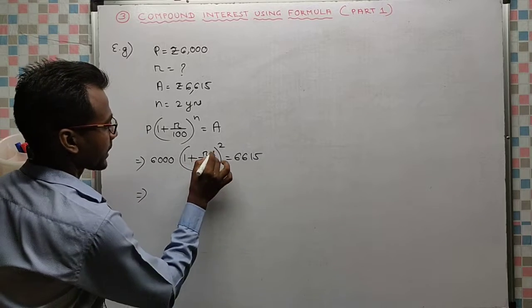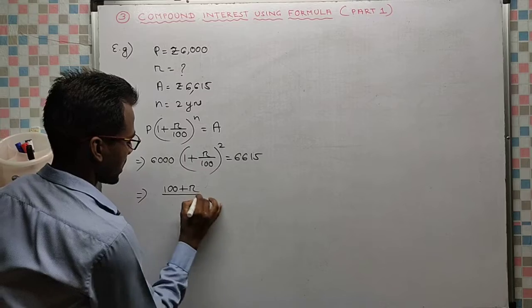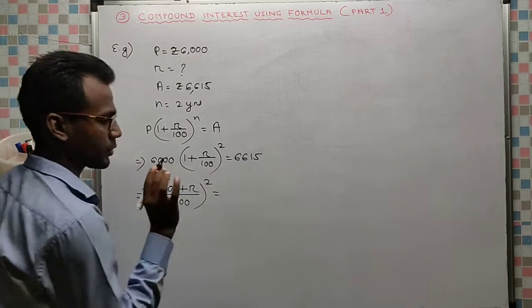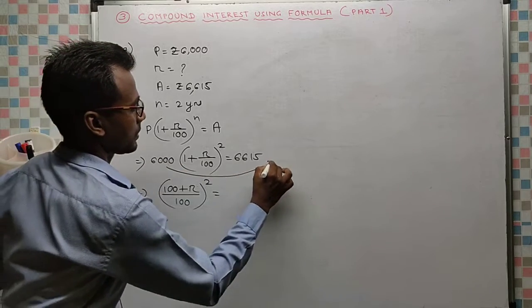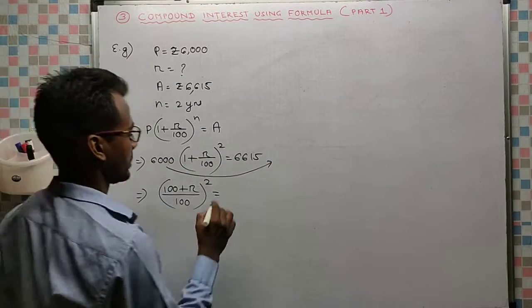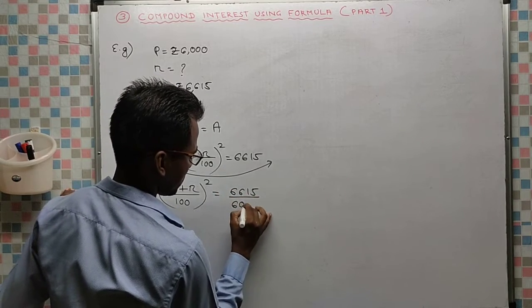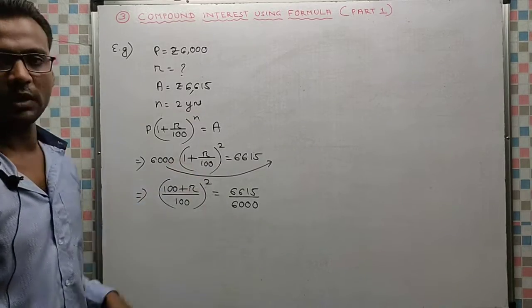On taking LCM inside the bracket, we will get (100 plus R by 100) power 2. Don't open the bracket. Take this 6000 to the right. So 6615 by 6000. Here it was product, so here it will be divided.